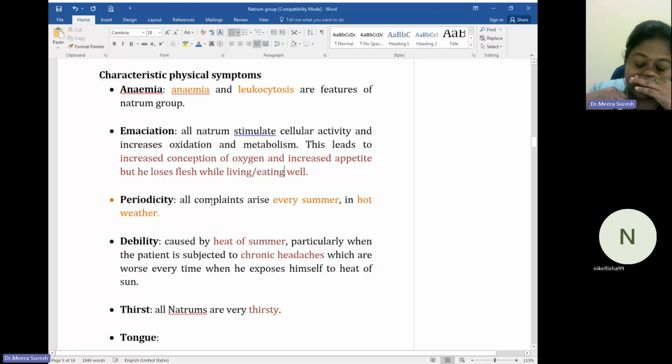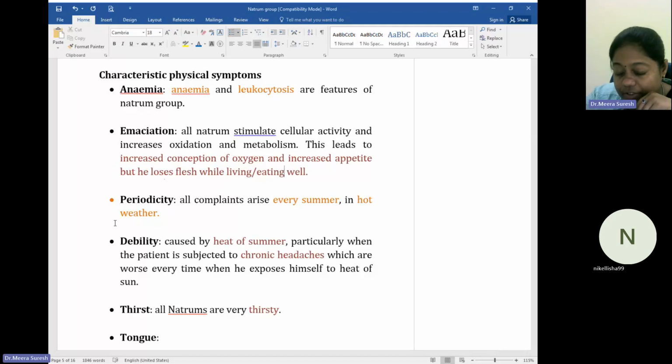And when it comes to natrum sulph, it is the damp weather that causes the aggravation. Natrum sulph is aggravated by damp weather, but the other important remedies, natrum carb and natrum mur, both have problems from the sun, actually hot weather.